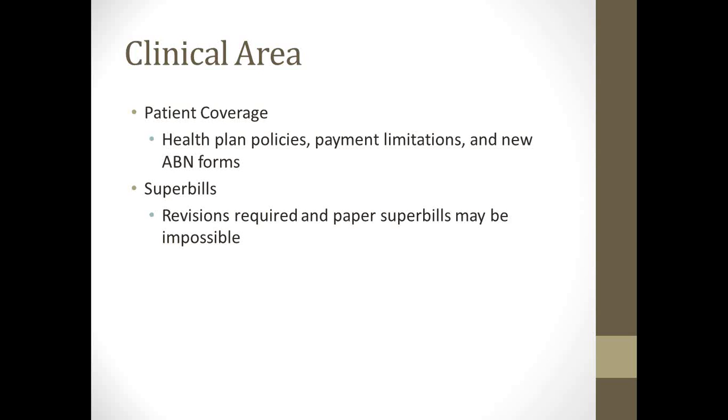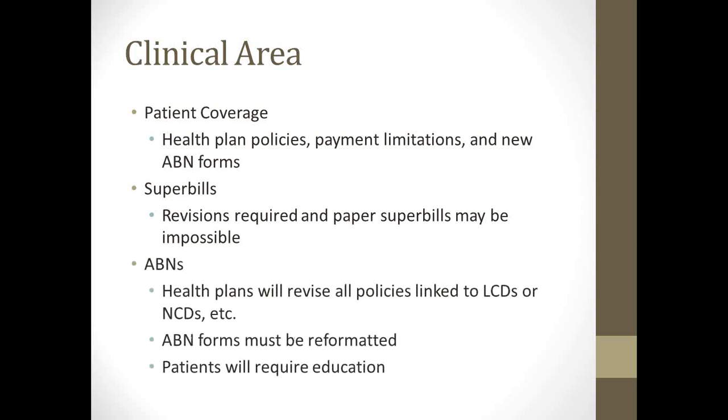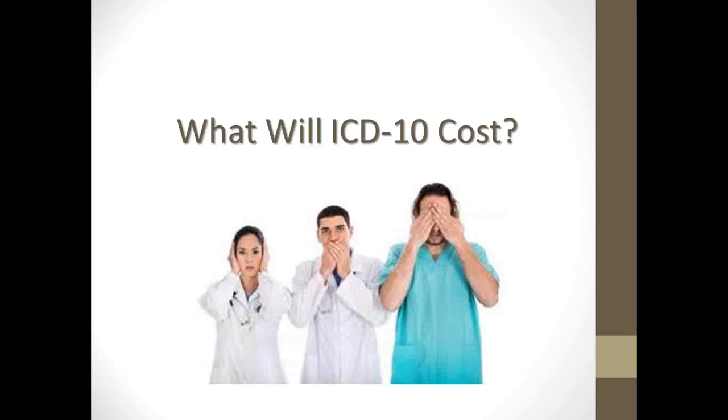So unless you have some other kind of format, like an EMR, it's going to be very difficult. Billing is going to take a lot more time and effort at the beginning as well to get used to it. The ABN forms must be reformatted, and the patients are also going to require education. Patients are becoming more and more savvy about what their billing is, and they're going to have questions as to how specific everything is documented within their records.